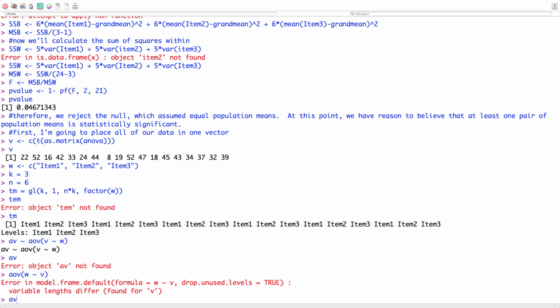Oh, I see what I did. Had a brain lapse. I need V tilde TM. Well, hold on now. V is my numbers, and then I have W, which is, no, it's not. Yeah, TM. So this is good.